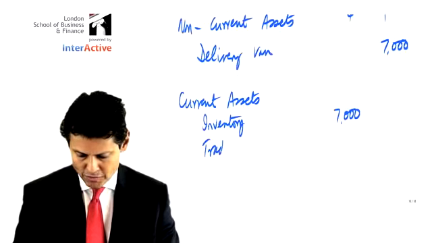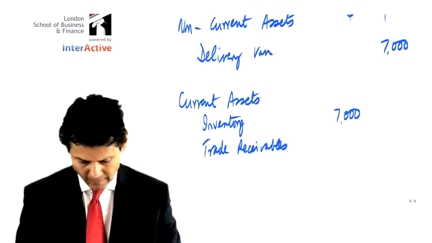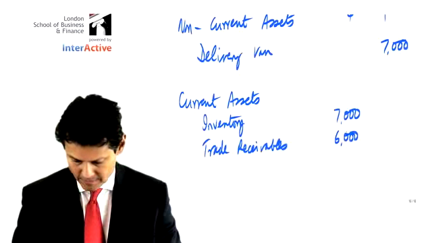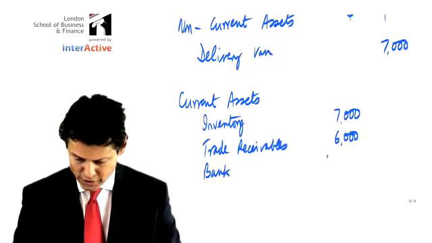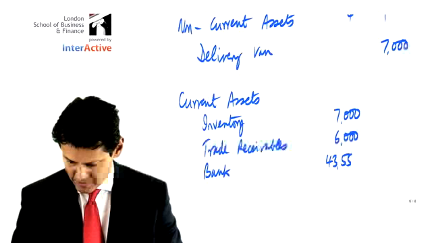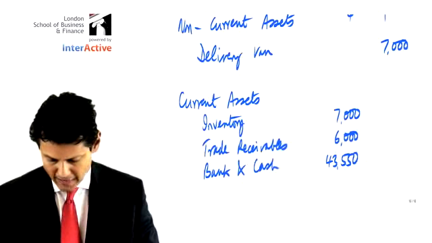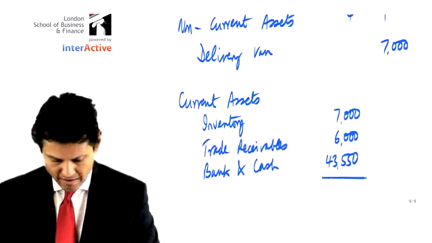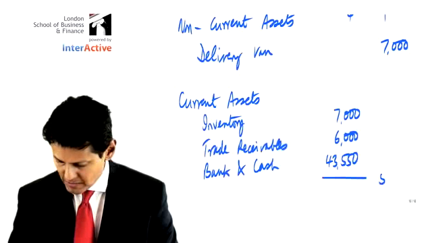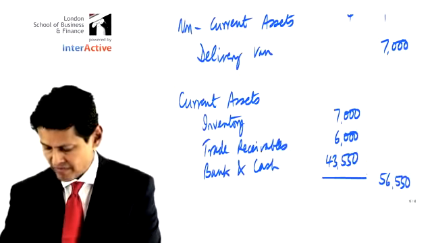You then have your trade receivables, 6,000. You then have your bank and cash, 43,550. I'd say bank and cash. Adding that up, I find myself with 56,550.